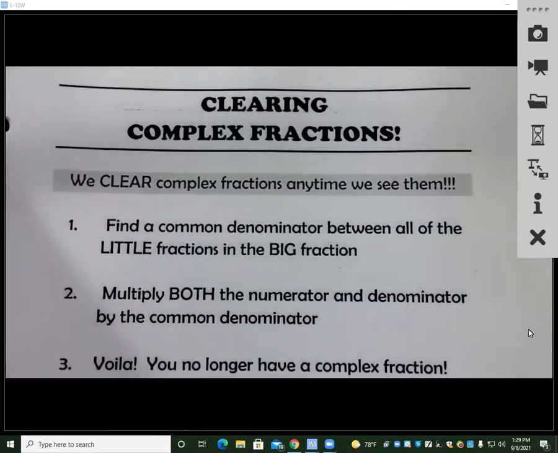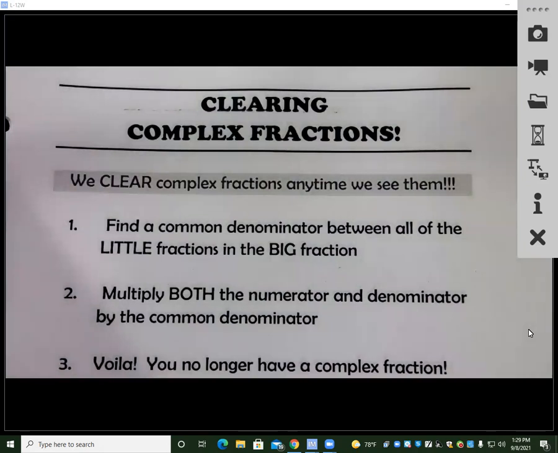Okay, so let's just take a look at the steps here. First of all, you might not even remember what a complex fraction is. It's just a fraction in a fraction, right? Like your worst nightmare. But it's okay, because like most things with fractions, there's easier ways to work with them if you know what to do.